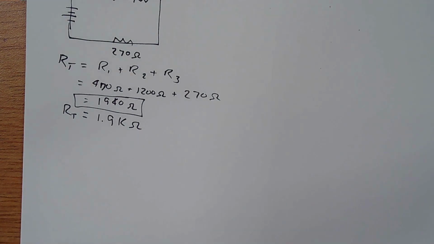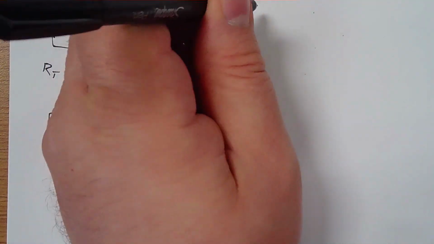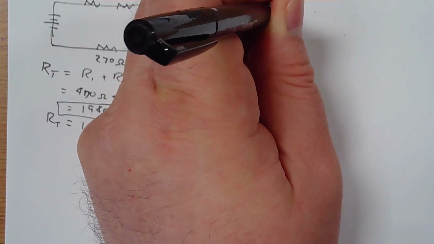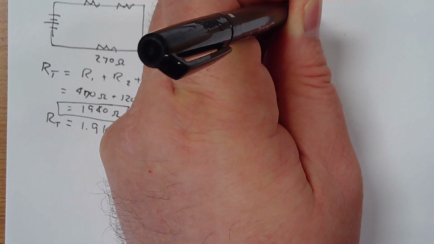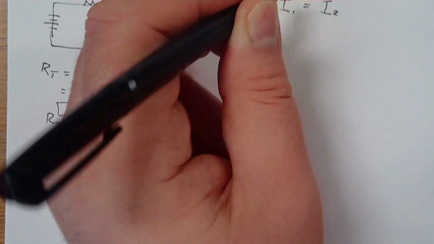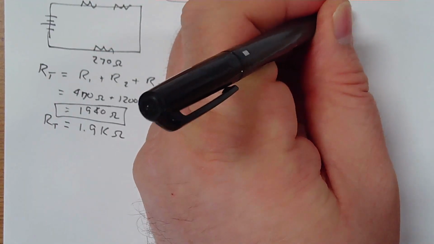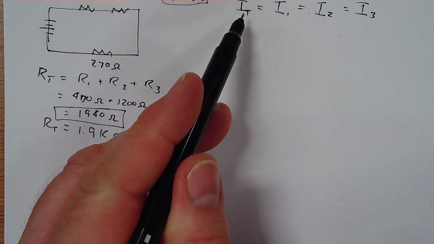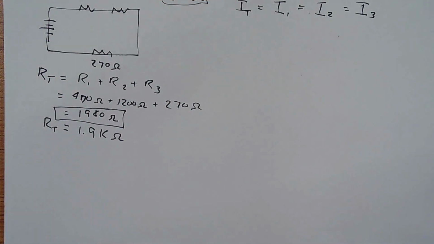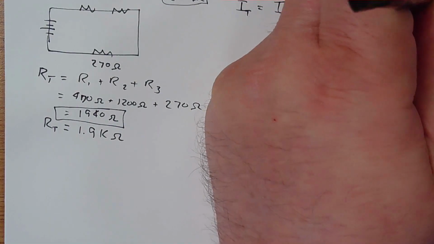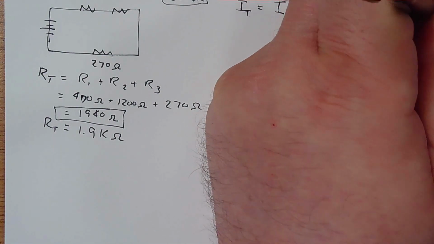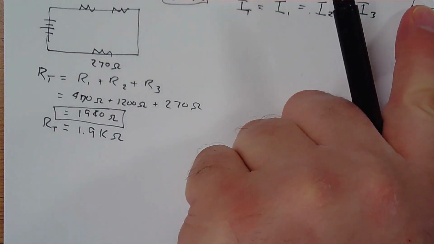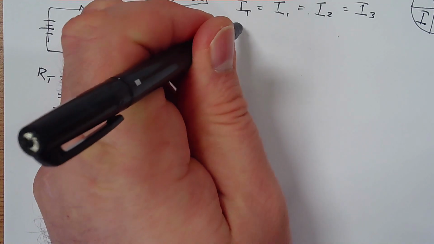Okay, we know in a series circuit that total current is the same. So current at 1 is equal to the current at 2. That's not a plus sign, that's an equal sign, which is current at 3. Okay, so if we solve for IT, we're going to solve for current, so it's voltage over resistance.